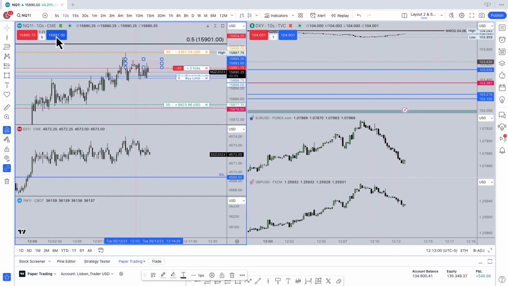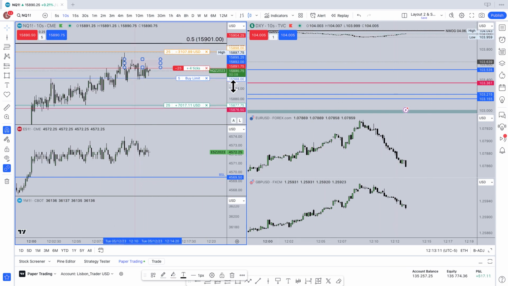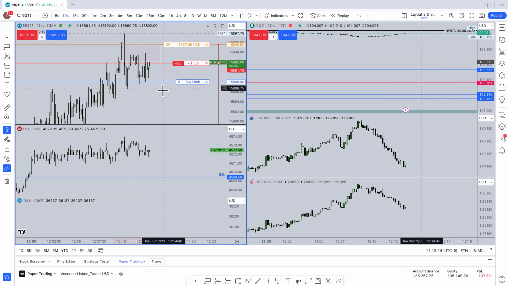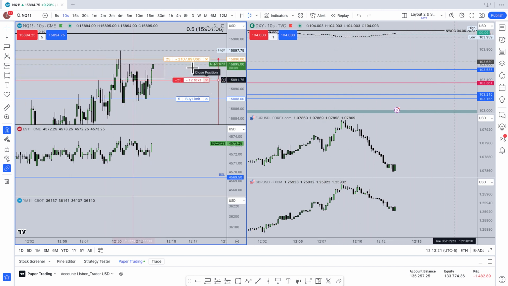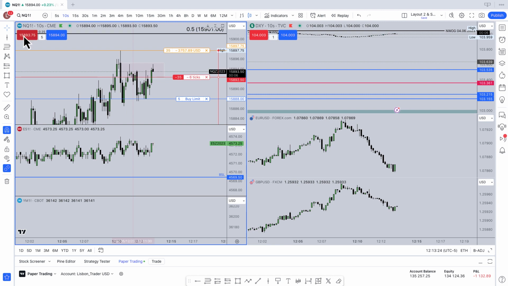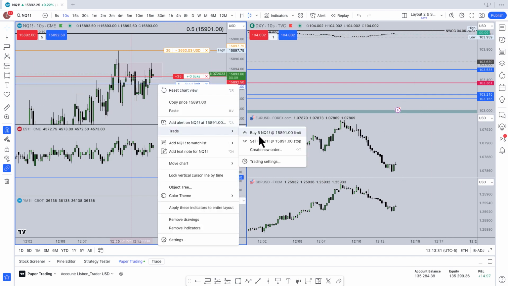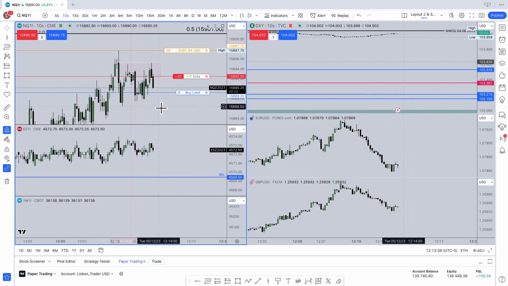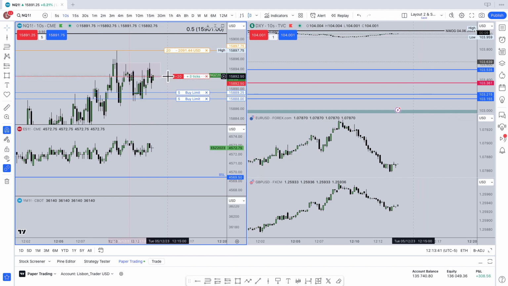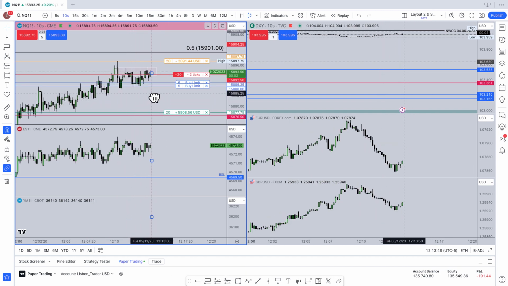34. Okay. It's going for it. 35. Yeah, it's really bullish. 35, 36, 2000 risking, so it should turn.